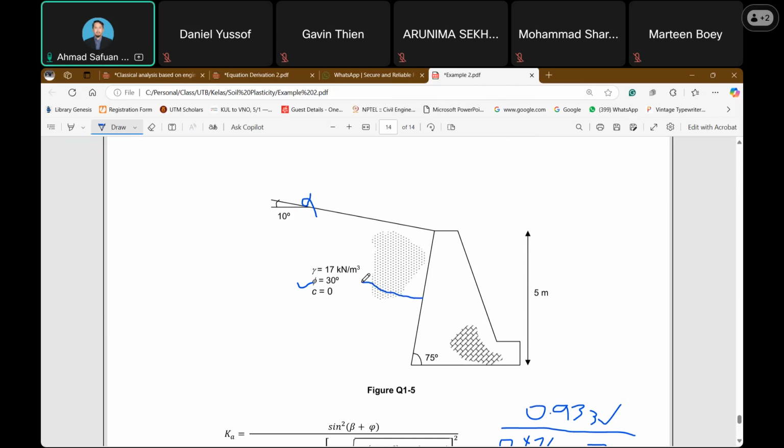Actually the load is acting similar to the delta.